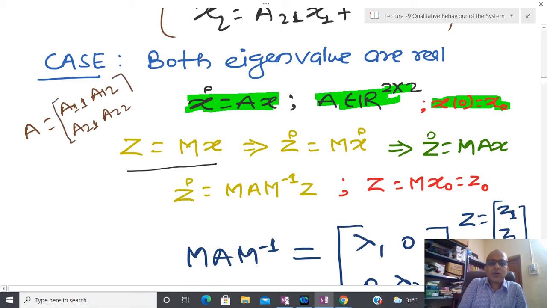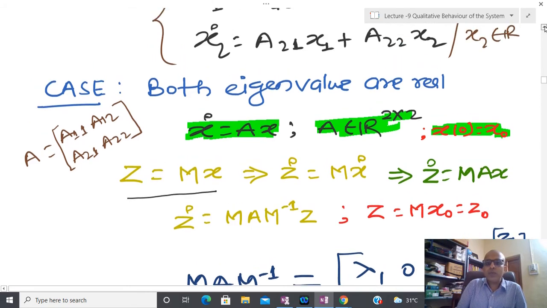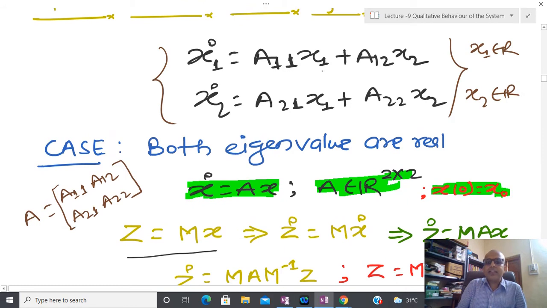What we found in the previous class is that the solution of this differential equation is not trivial, because both states are coupled.